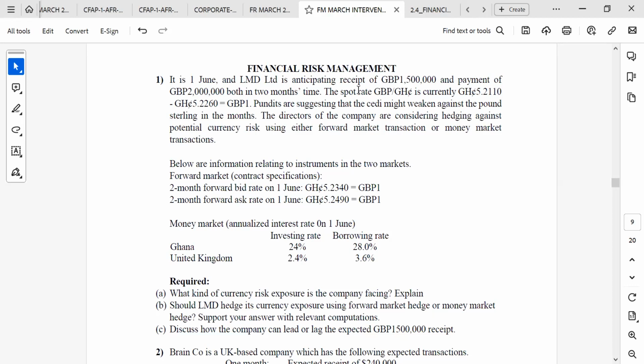Since the exchange rate will be going in our favor in the 2 months' time, they can say, you just pay the amount before. So they can decide to sell the 1,500 to the bank if the exchange rate is favorable. If the exchange rate is favorable and you settle the transaction or sell the amount before the actual day, that is what we call the leading.